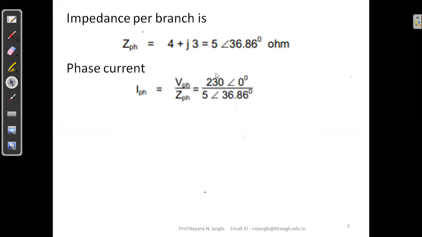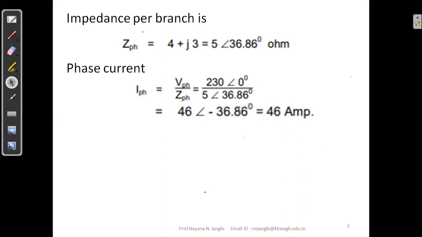Okay, now how to calculate the current? Phase current IPH is equal to VPH upon ZPH, that is voltage upon the total resistance offered by the circuit. So impedance is the total resistance offered by the circuit. VPH is 230 at an angle 0 degree and upon 5 at an angle 36.86, which is your impedance. After calculating it, you will get phase current IPH is equal to 46 at an angle minus 36.86, that is 46 amperes.